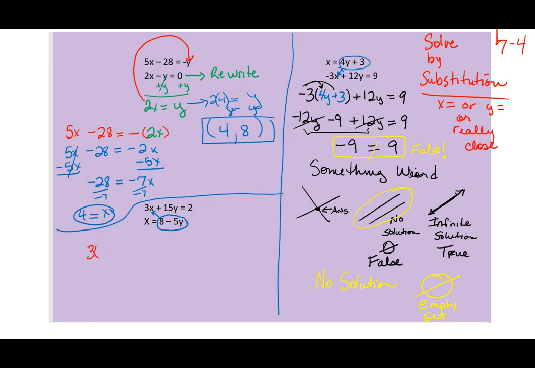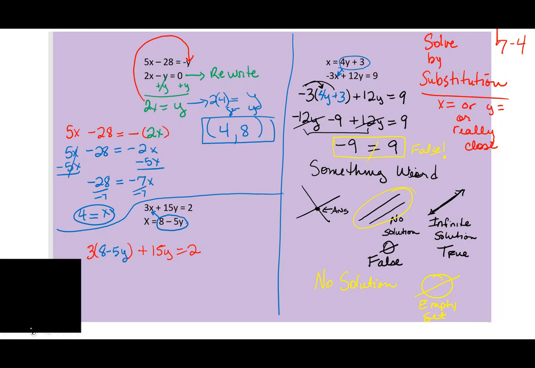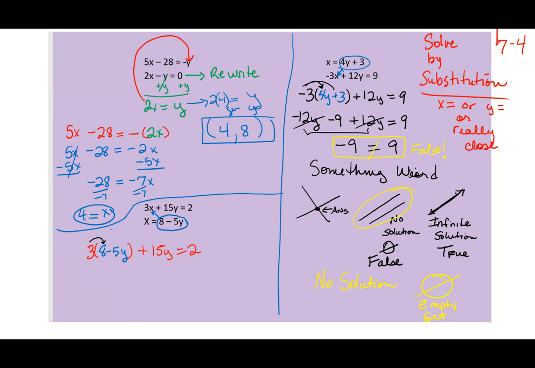We have 3 times the x plus 15y is equal to 2, and I'm going to put that 8 minus 5y in there. When I distribute, I get 24 minus 15y plus 15y is equal to 2.